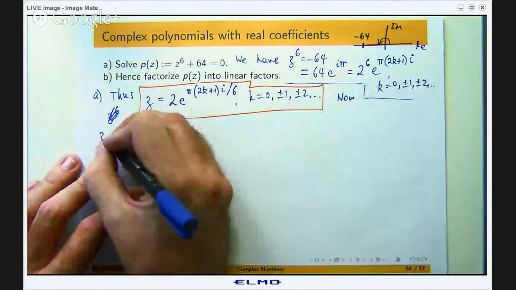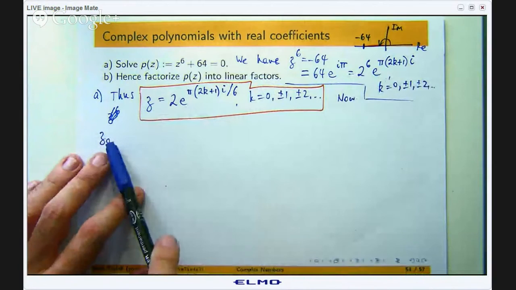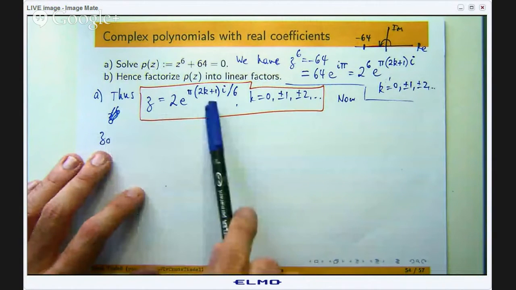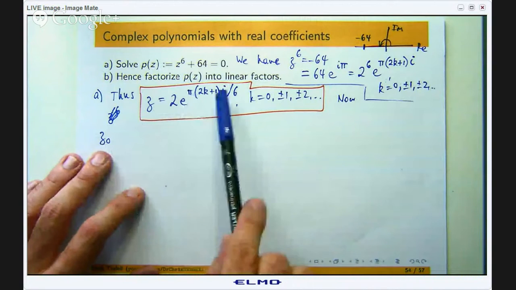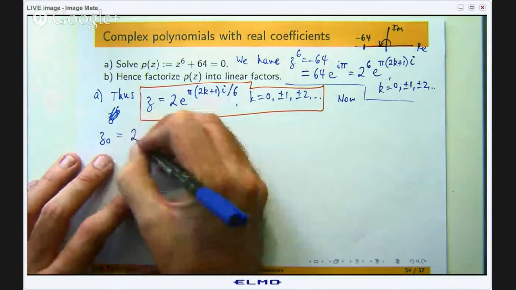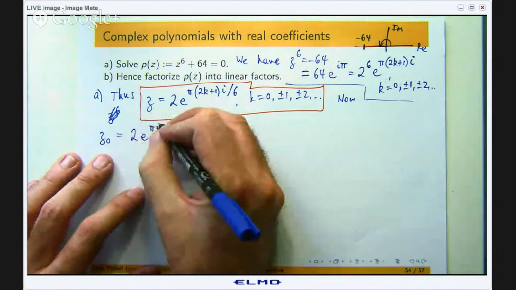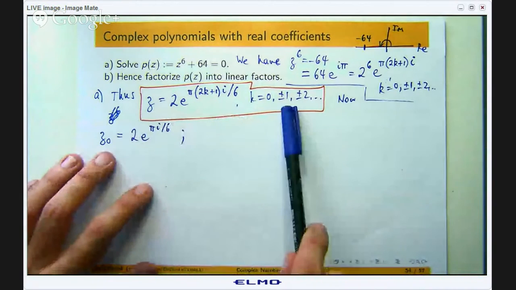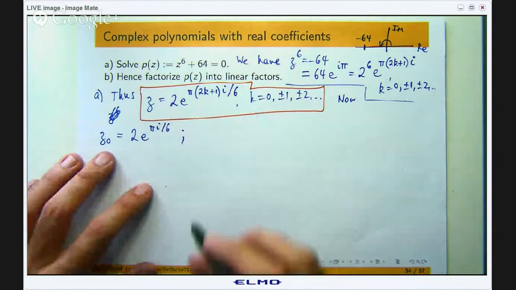So let's start with k equals 0 in here. By the subscript, I'm taking the value k equals 0. So that'll disappear. I'll get 2e to the πi over 6. So that's one solution. Okay, let's take another simple value of k. k equals 1.